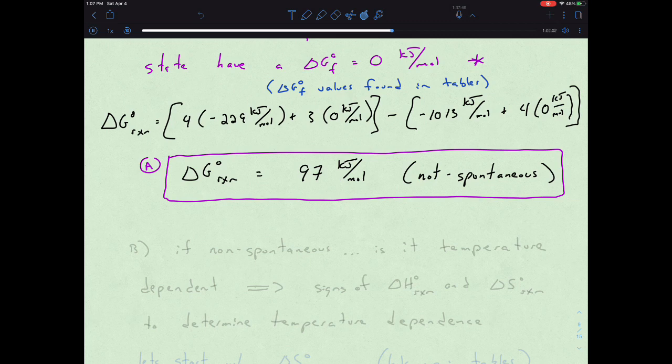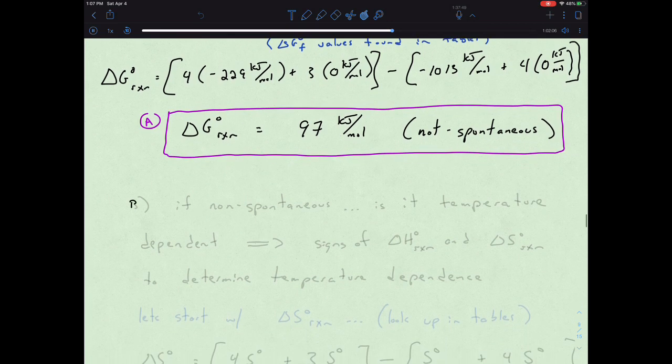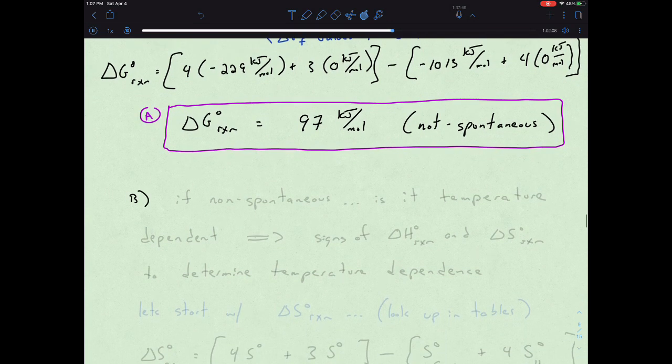Part B, the question is now saying, okay, if non-spontaneous, which it is, is it temperature dependent.